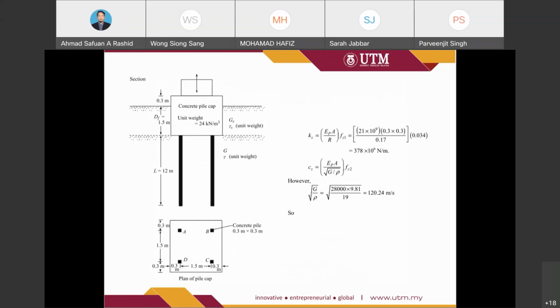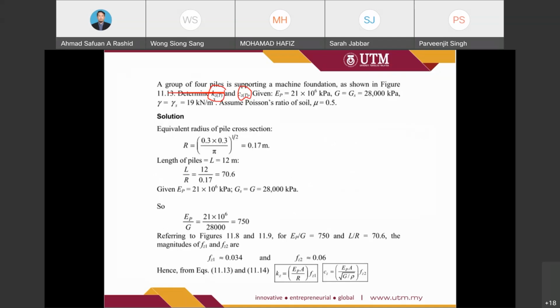A group of piles, which has 4 square concrete piles, with a spacing of 1.5 between A and B, and also B and C, and D and C. Determine KZ and CZ, given EP 21 times 10 power 6, G 28,000 kPa, soil unit weight 19, assume Poisson ratio of soil nu is equal to 0.5.